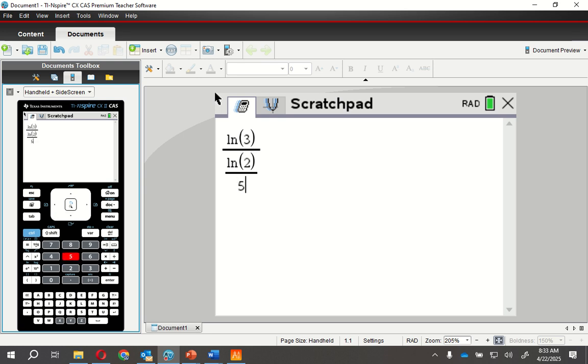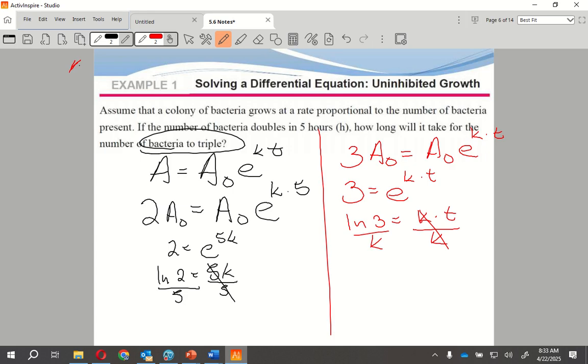Now on your calculator, you hit Control, Enter. So that's going to give me about how long? Oh wait, 8 hours? About 8 hours, right? About 8 hours for it to triple.